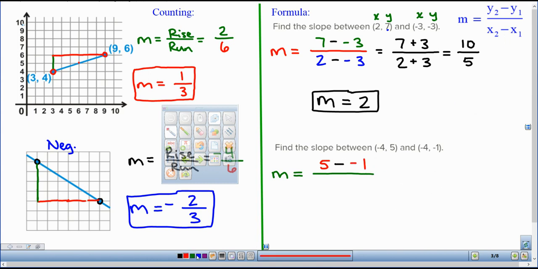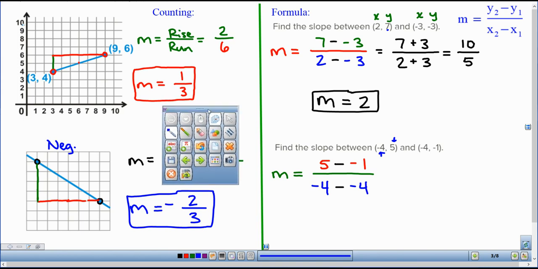Then we're going to do the x's. Since I started with the 5, I'm going to start my x's with this. Then do the minus. Then do the other x value. In this case, both x values were the same, so the order really wouldn't have mattered, but keep in mind, otherwise you need to be consistent with that.